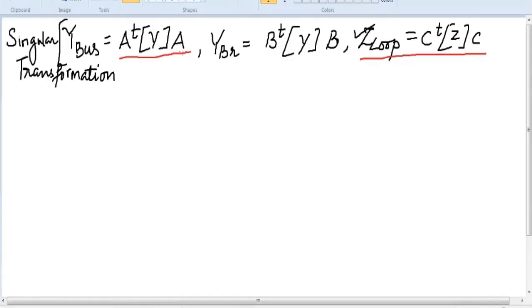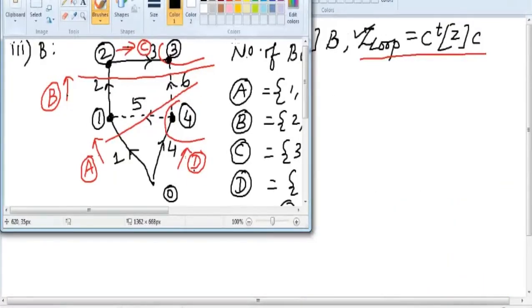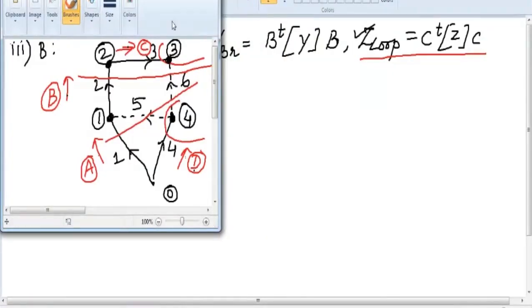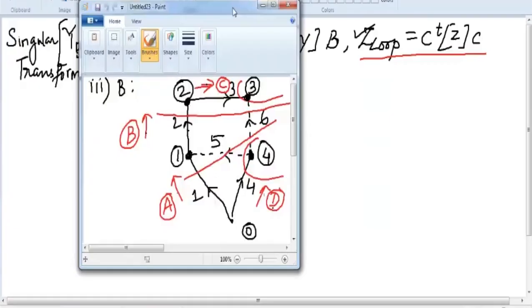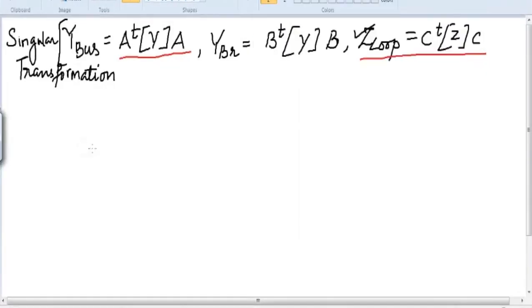So let us first write the A matrix. For this, what we require is the graph or tree and co-tree. So this is our graph here. Let me draw it once again.